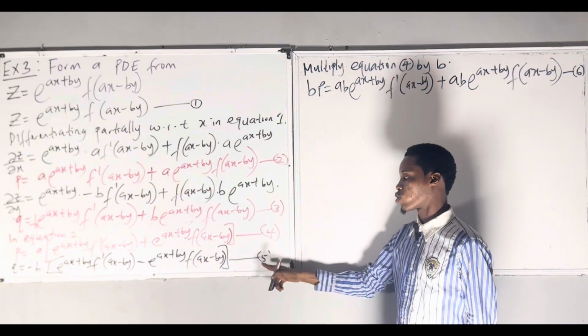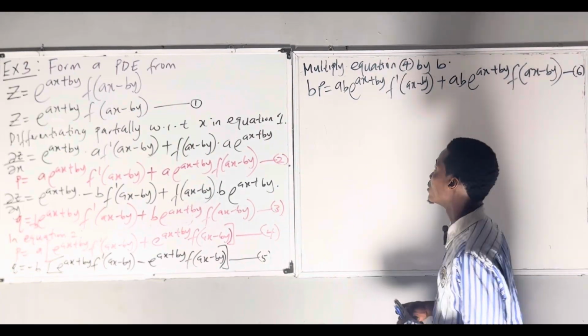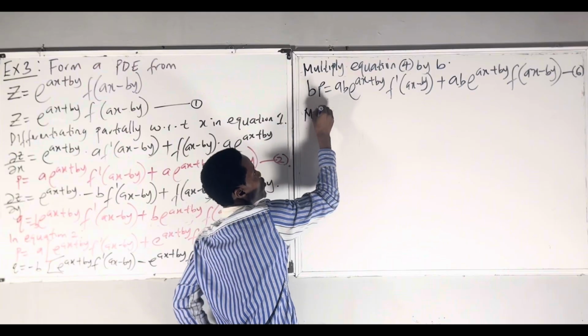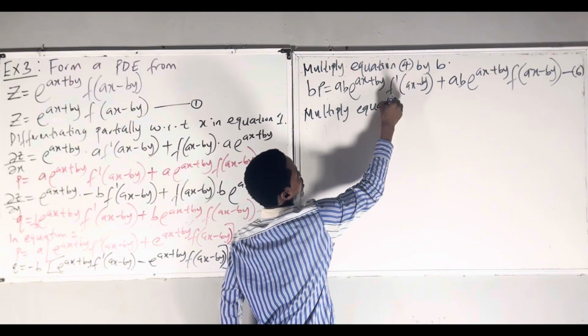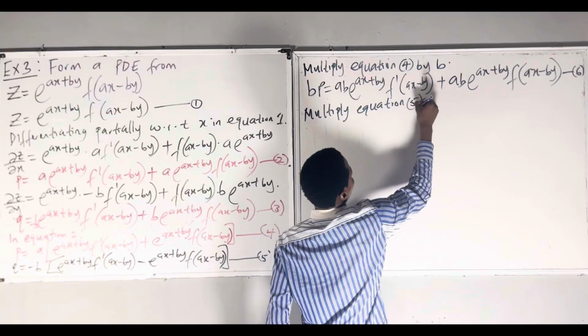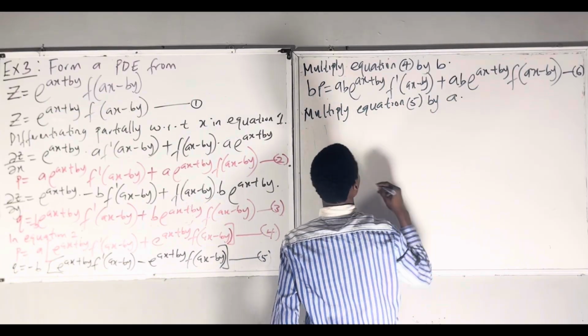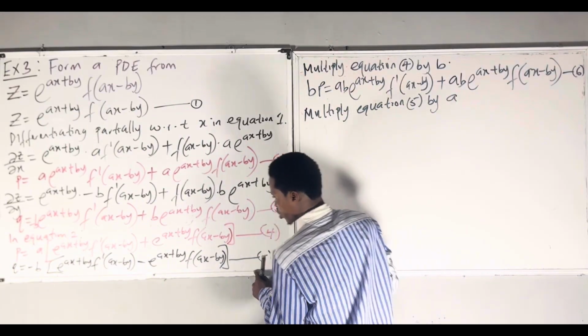The next step is to multiply equation 5 by a. Multiply equation 5 by a. So what are we going to have? This is equation 5.